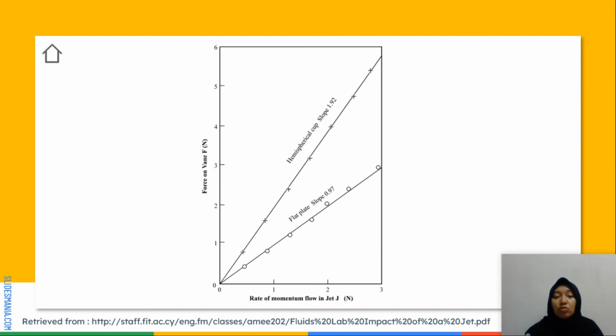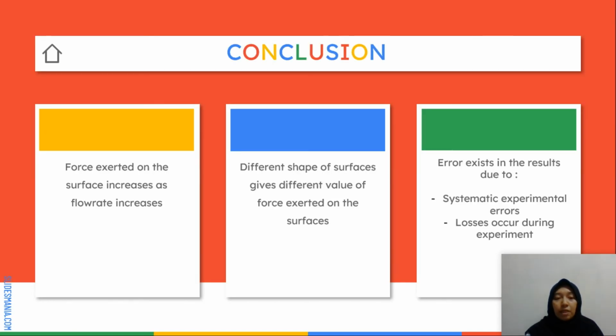Also, the value for hemispherical cup is 1.92 compared to the ideal value, which is 2 joule, as F is equal to 2J. The error is possibly due to systematic experimental errors, such as small error in the measured value of nozzle diameter. And finally, conclusion.